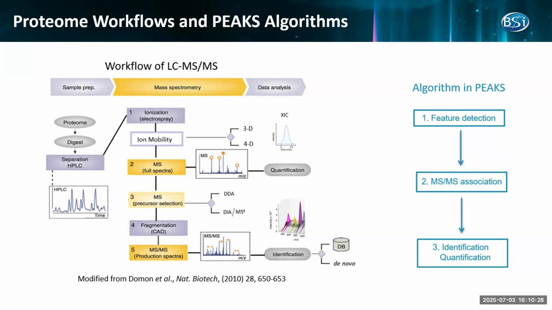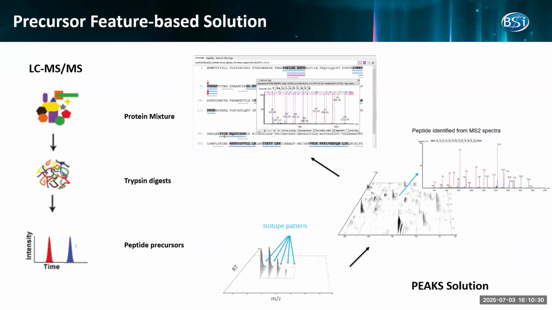What you can expect from the PEAKS algorithm is a peptide precursor feature-based solution. What does that mean? Whatever the sample is from, it's a mixture of proteins. From there we can use different enzymes, typically trypsin digest, and then we get a tryptic digest.